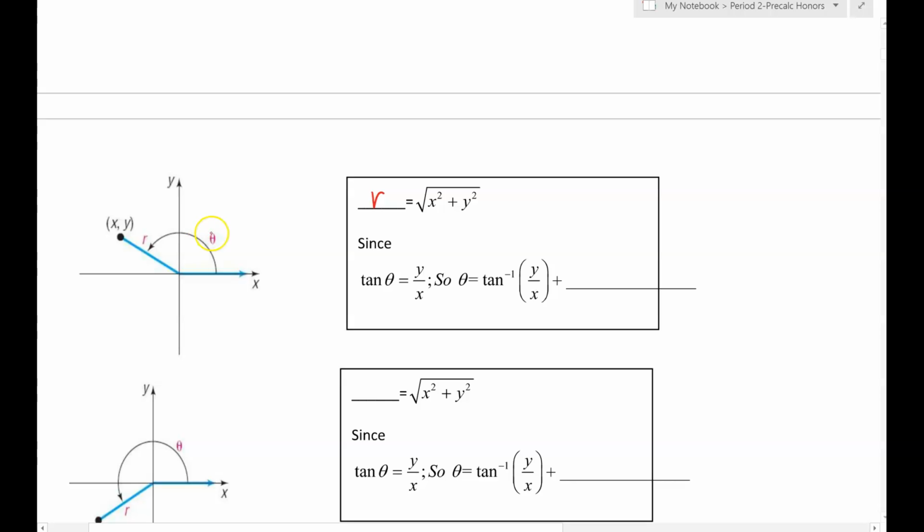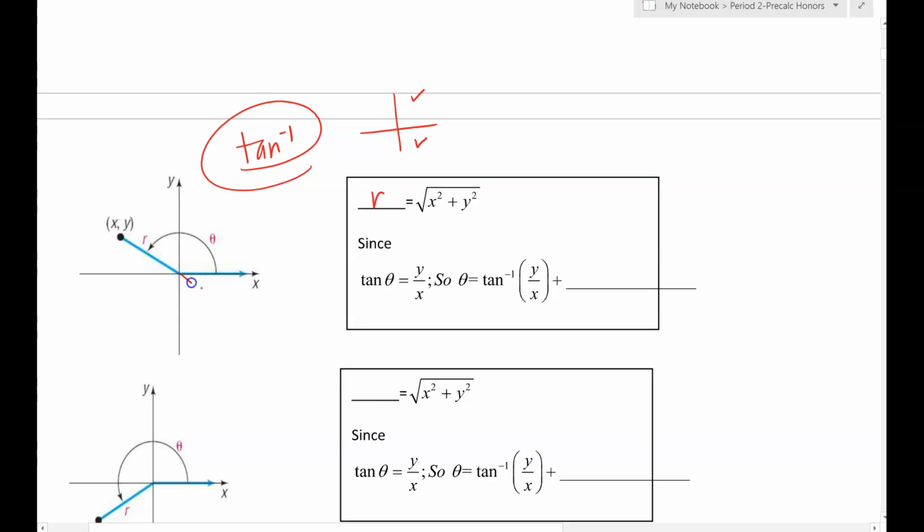But guys, this theta is in quad 2. When you use tangent inverse to solve, it's limited to quad 1 and quad number 4. In quad 2, tangent inverse is negative, so we have to make sure that we bring it back to quad 2 accordingly.